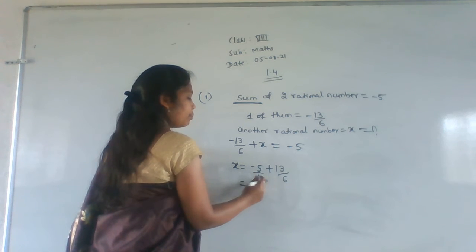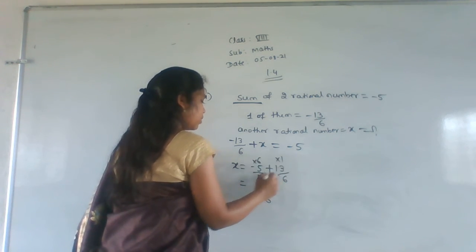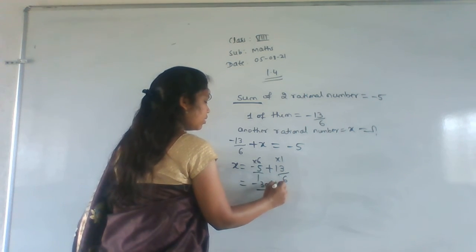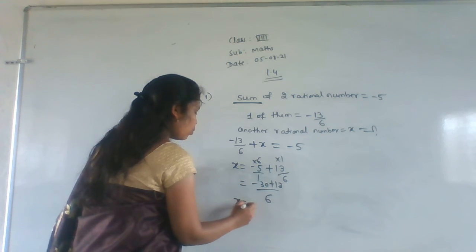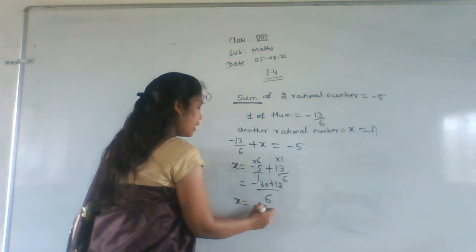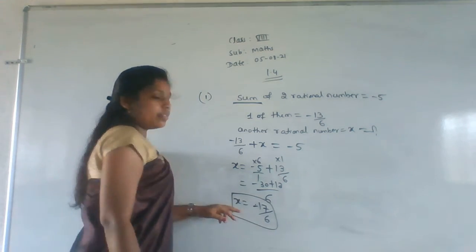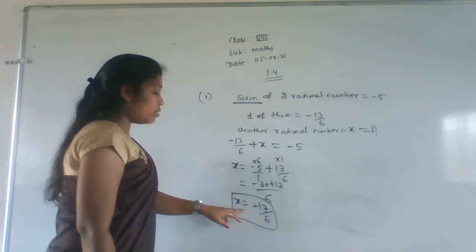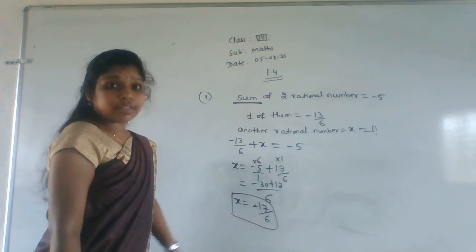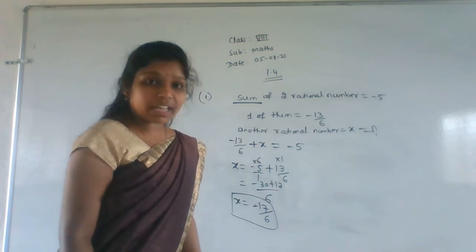Now take the LCM, which is 6. So 6 1s are 6, minus 30 plus 13. So x is equal to minus 30 plus 13, that will be minus 17 by 6. X is equal to minus 17 by 6 is the answer.